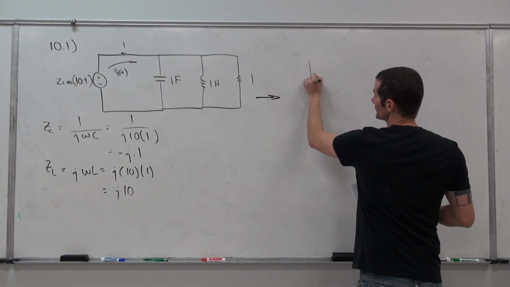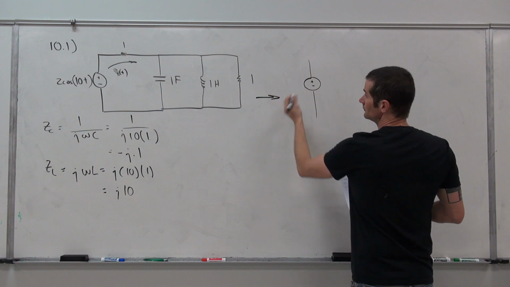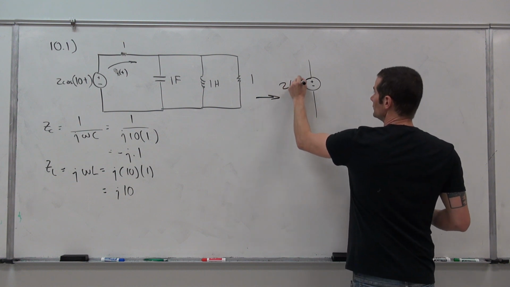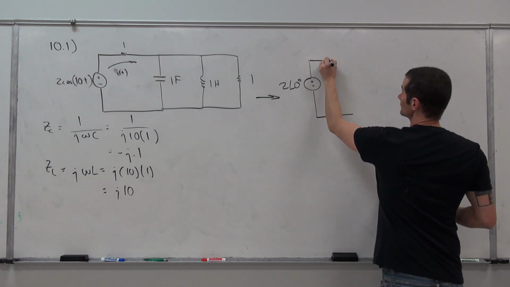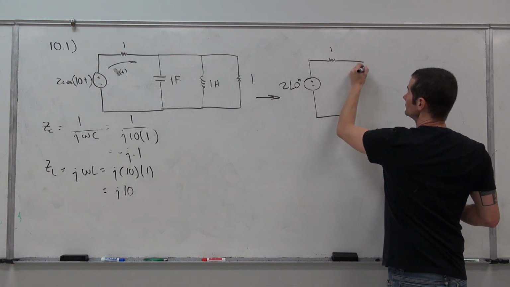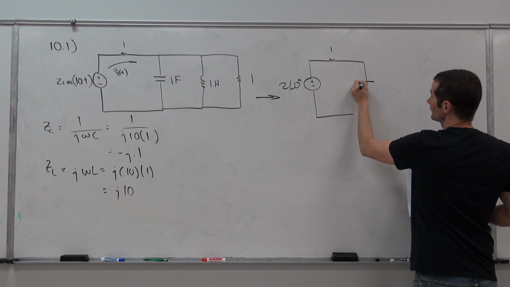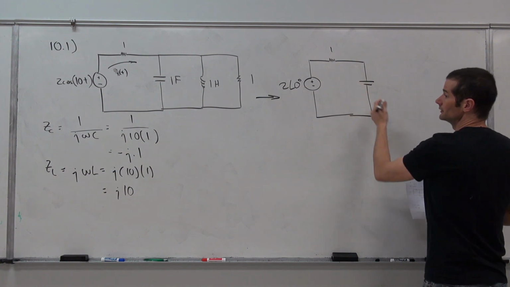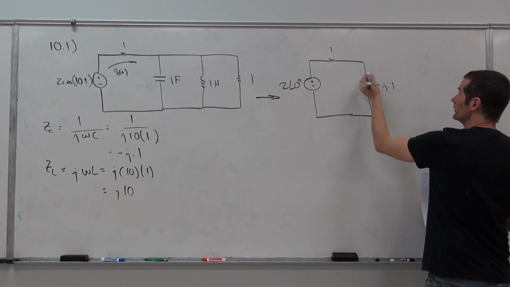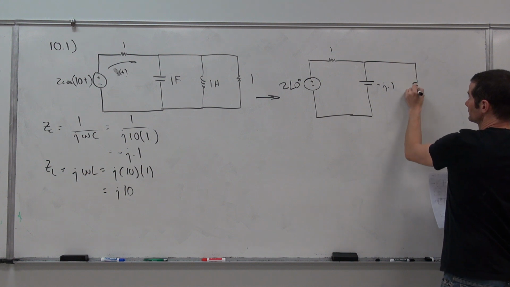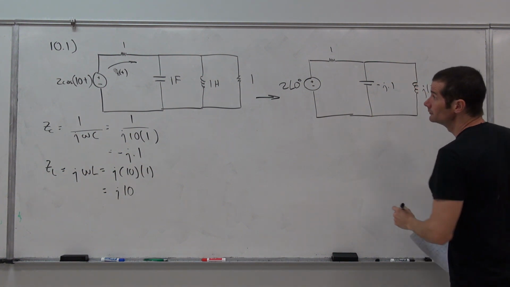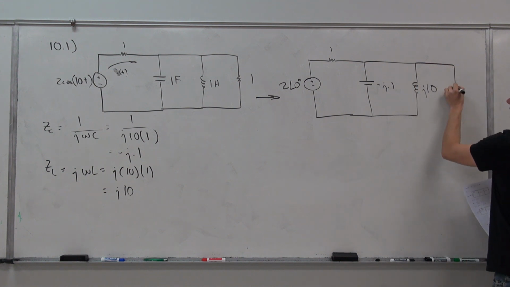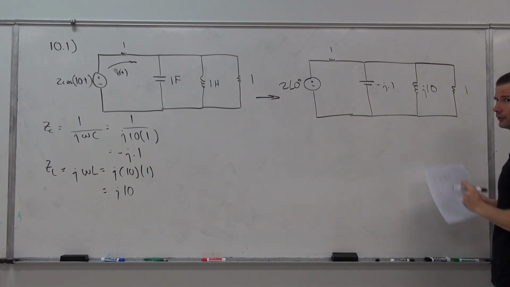So here we actually get to an angle of 0 degrees. Here we have 1. For our capacitor, we had negative j0.1, for the inductor we had j10, and then also our 1 ohm resistor.